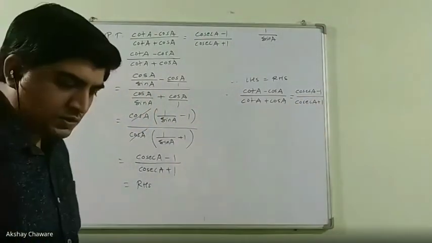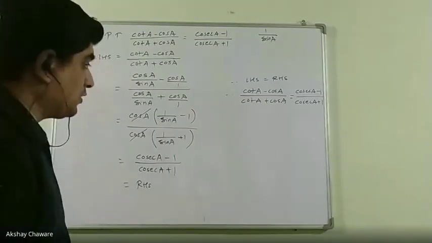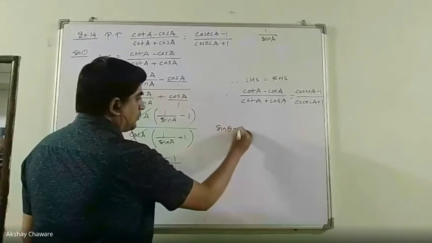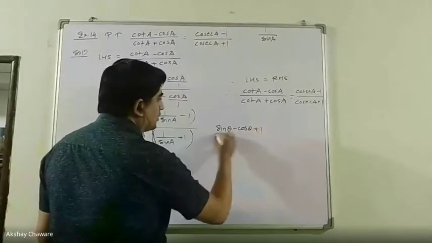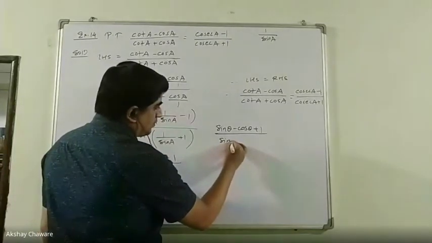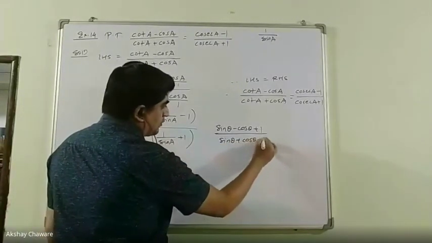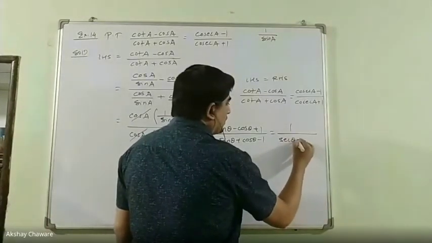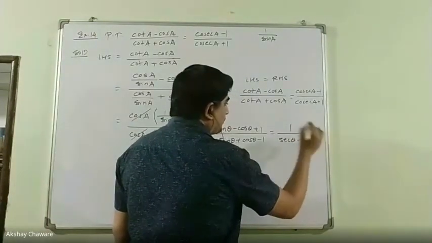That's it. In example number 15, we have to prove that (sin theta minus cos theta plus 1) upon (sin theta plus cos theta minus 1) is equal to 1 upon (sec theta minus tan theta).